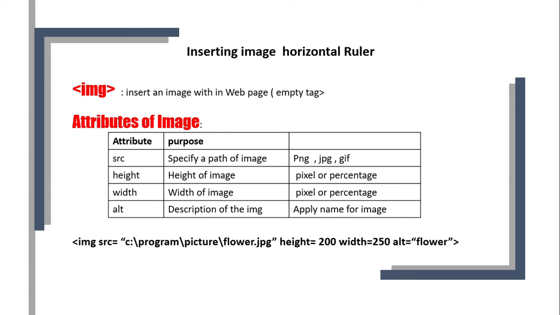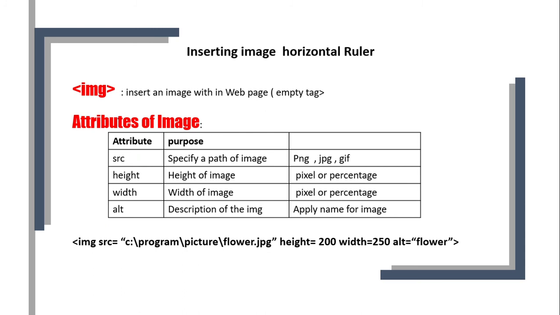After this, we have the alt. Whenever we want to see the name of that particular image, we move the mouse pointer over that image. At that time, whatever name you want to display over there, we write into the alt attribute.